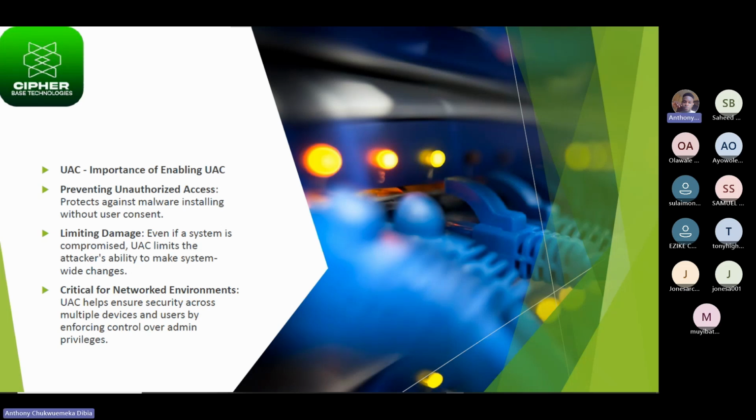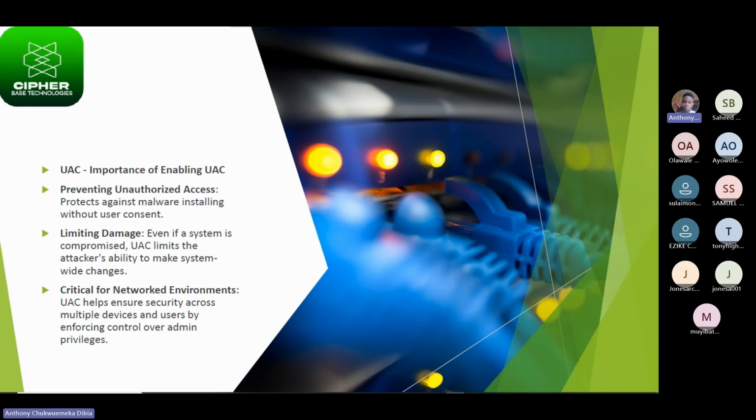Then we have critical for networked environments. Now, UAC helps ensure security across multiple devices and users by enforcing control over admin privileges. In most organizations, you discover that everybody is using a Windows operating system, and it is being controlled by maybe a group of people or one person.